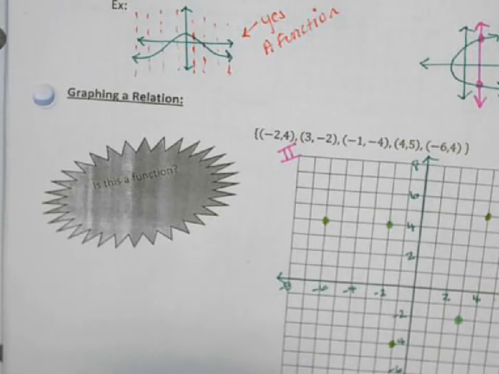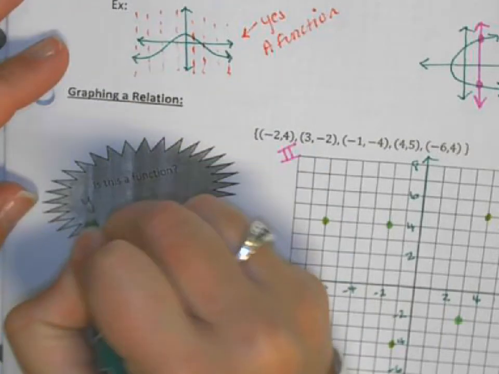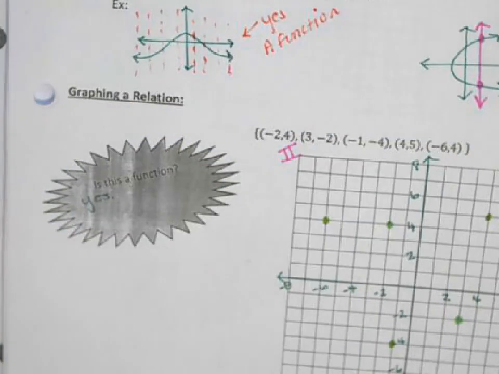We can answer yes. You could state that it passes the vertical line test, but that's not the explanation I'm looking for. The vertical line test is your test to say, is it a function or not? But that doesn't explain why it is a function. To explain why it is a function, you have to use the definition of a function.